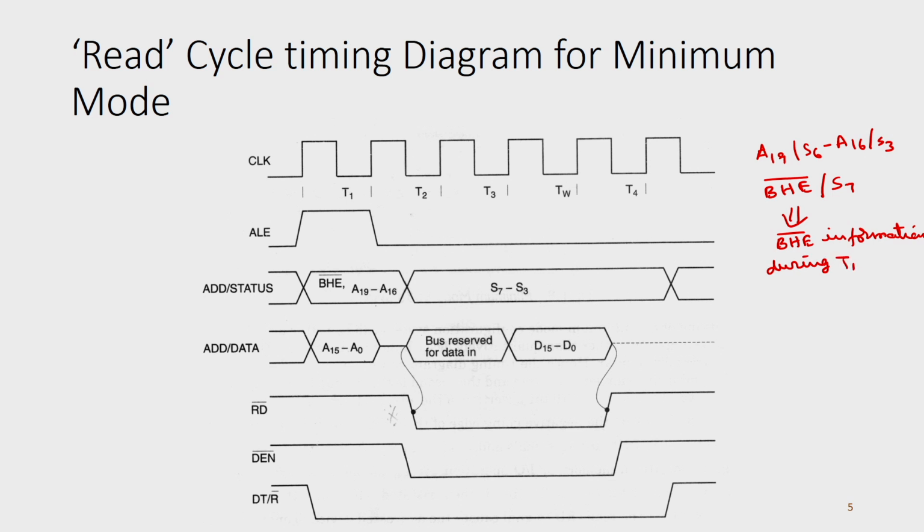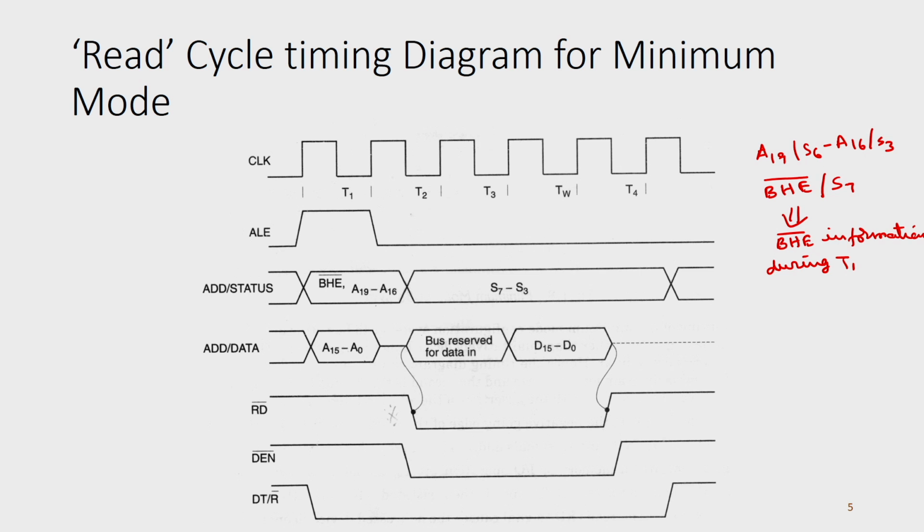Here also, in subsequent clock cycles, S6 to S3, which we have already discussed. So here this address bus will be latched, as we have already discussed. There are 2 more signals called read bar, DEN bar, and DT by R bar.